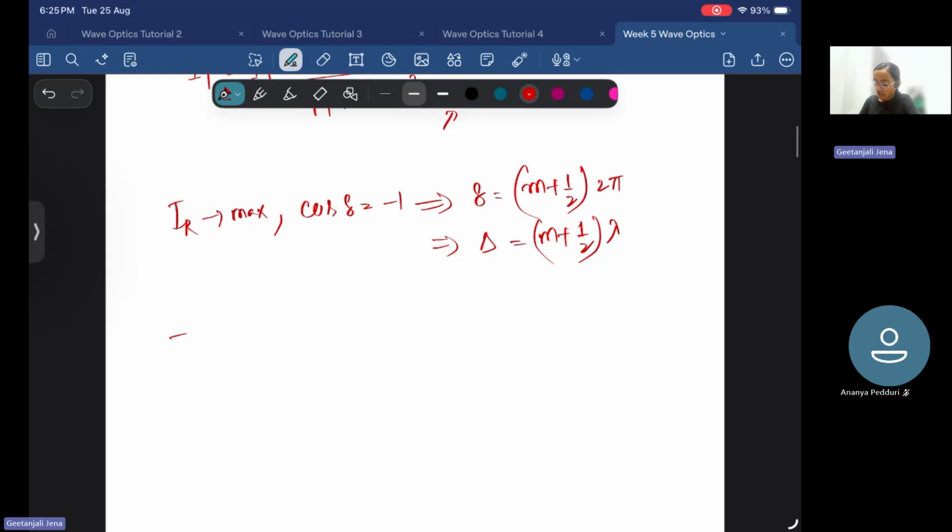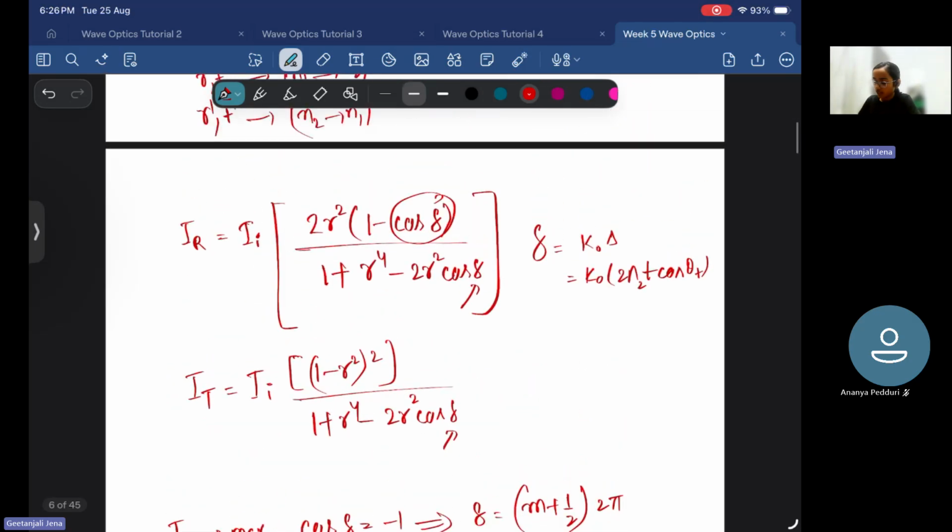Now let's say we want to have the transmitted light maximum instead of the reflected rays. So then automatically the reflected light will be minimum. And this will be the case when cos of delta is 1, so that I_R is 0.